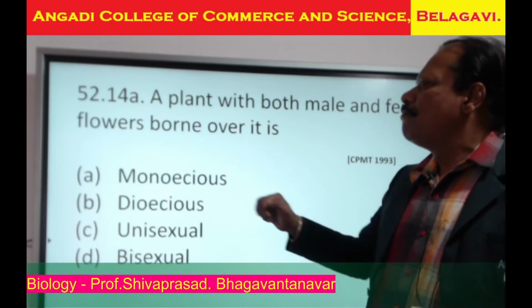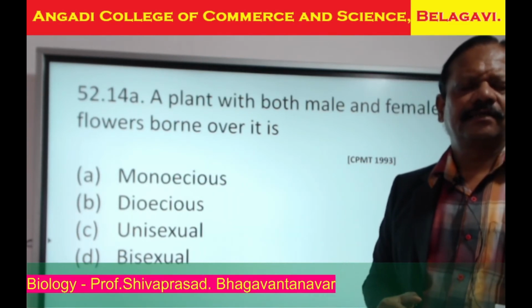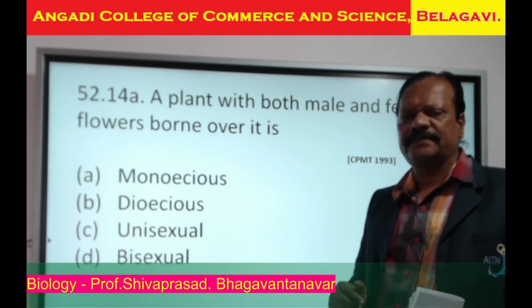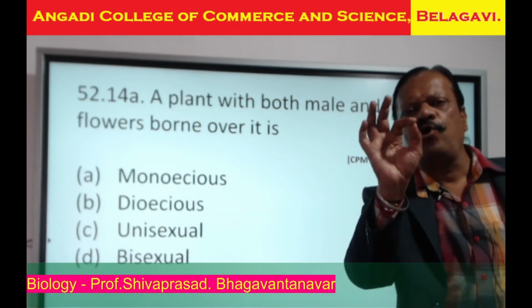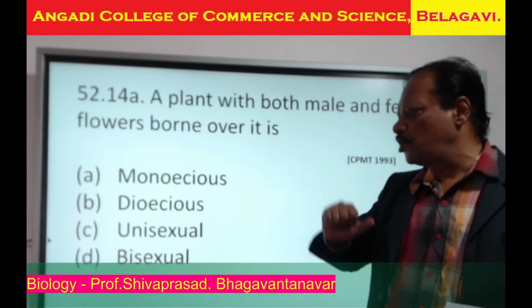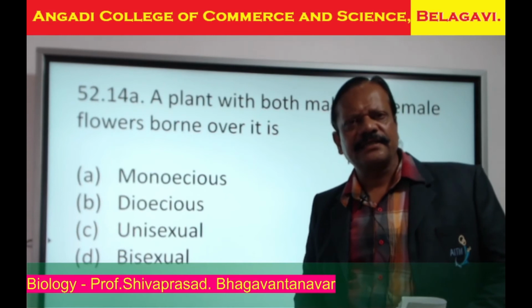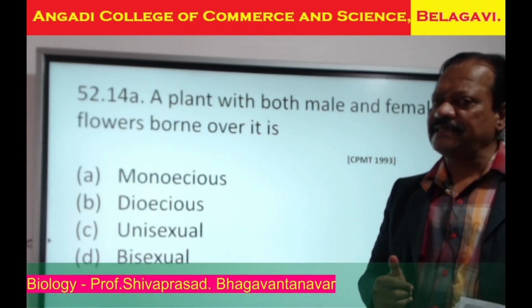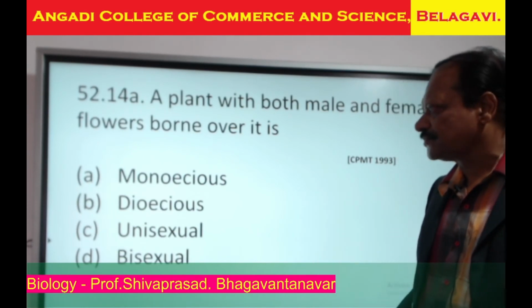Bisexual flowers are those in which male and female parts are found in the same flower. Dioecious means either a male plant or a female plant, in the sense of unisexual.